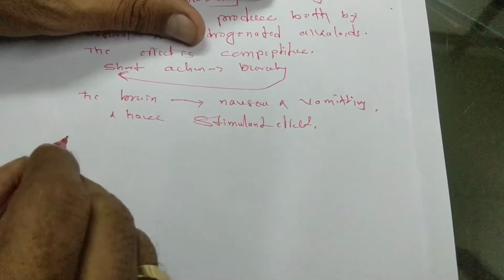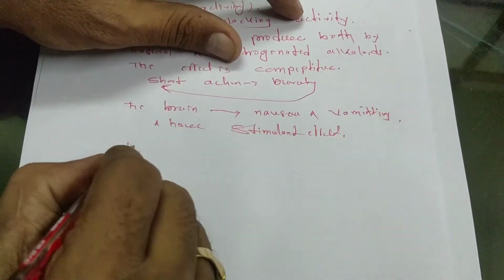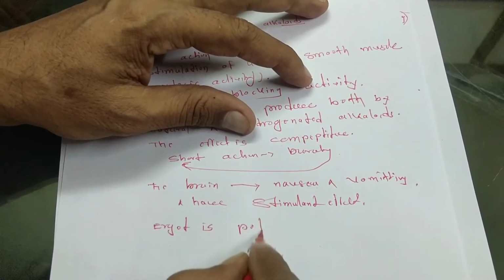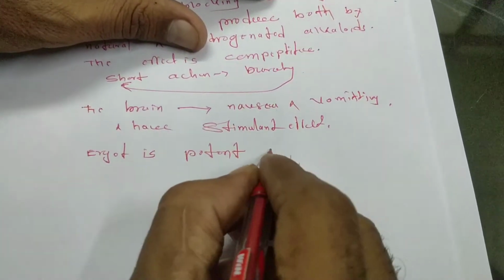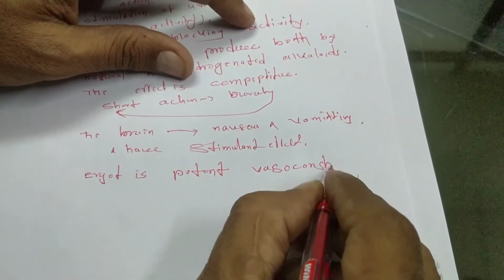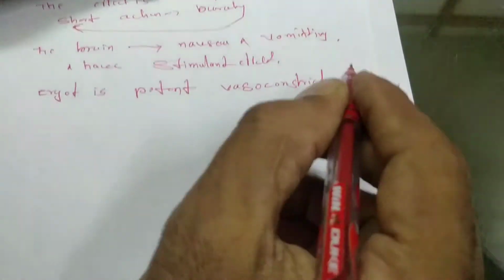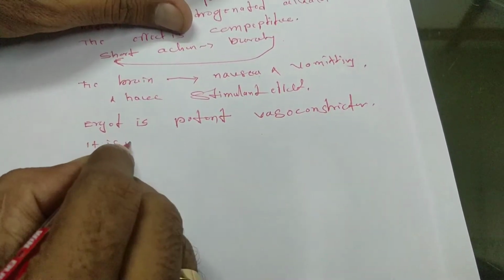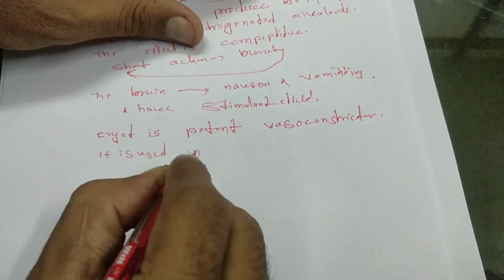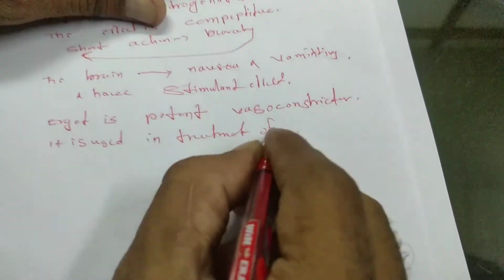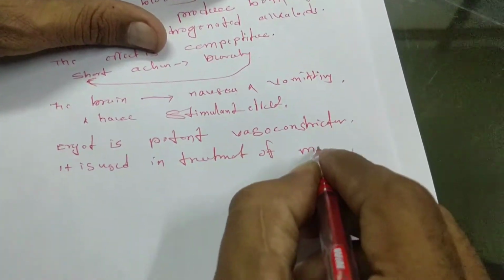Ergot is a potent vasoconstrictor, and it is used in the treatment of migraine.